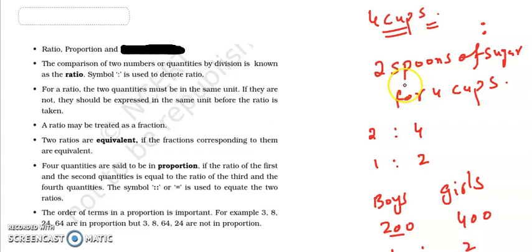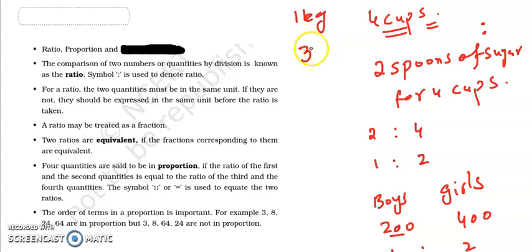In the same way, for baking and cooking, we are taking the quantity. If we are cooking rice, when we increase the rice, we increase the ingredients also in a certain proportion or ratio. For example, to cook 1 kg rice, let's suppose we are using only 3 tablespoons of salt.